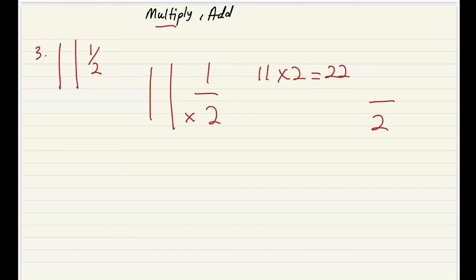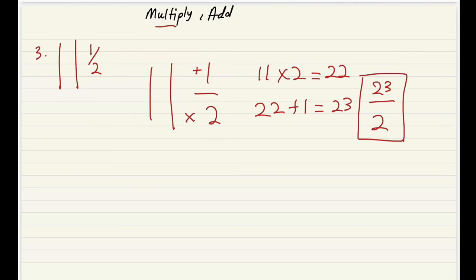You're going to add that answer to the top number. So we just put plus here. So it becomes 22 plus 1, which is 23. This is all we need. We're just going to put this 23 here. So the answer then becomes 23 divided by 2. Super easy.